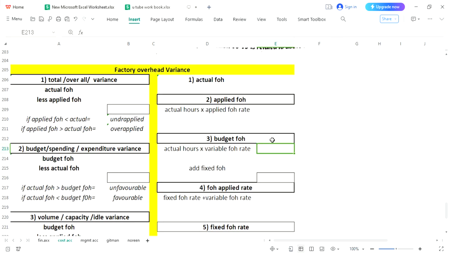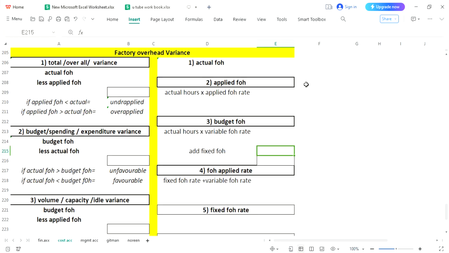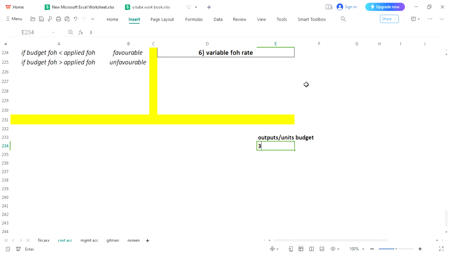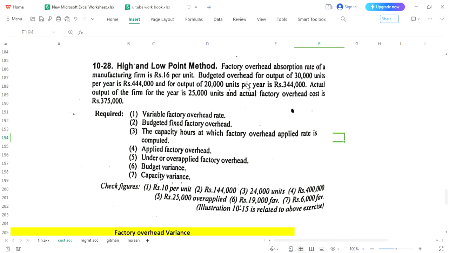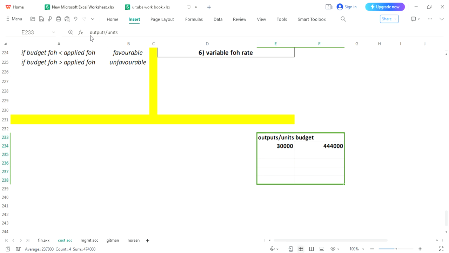Now let's see the question. The first part is saying budget overhead for output 30,000 units. So we have got our first unit, 30,000. Okay, and for this 30,000 it is said that budget FH is 444,000. Everything I think we should make centralized.